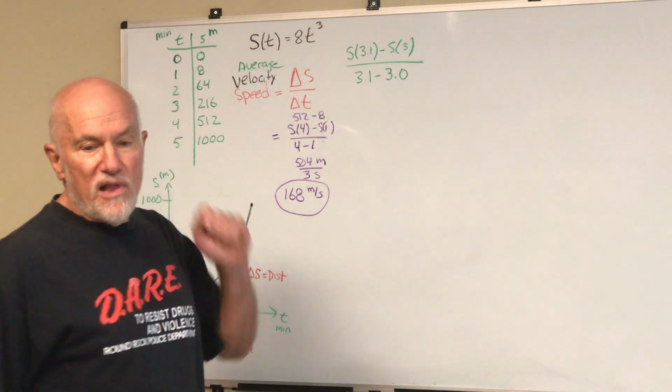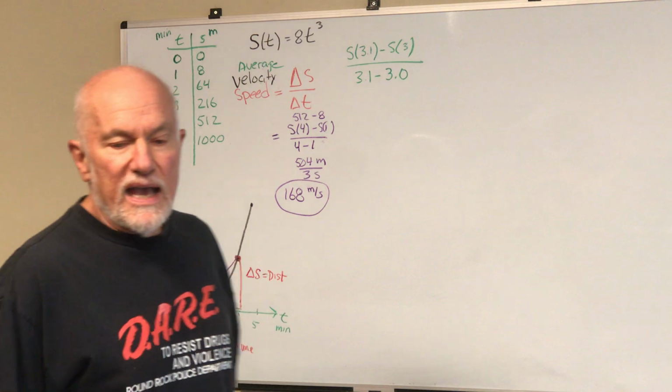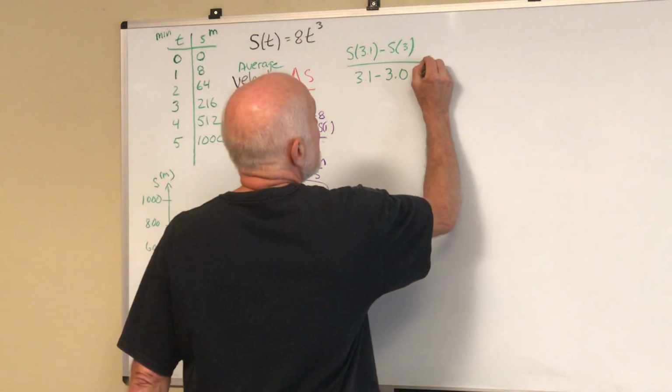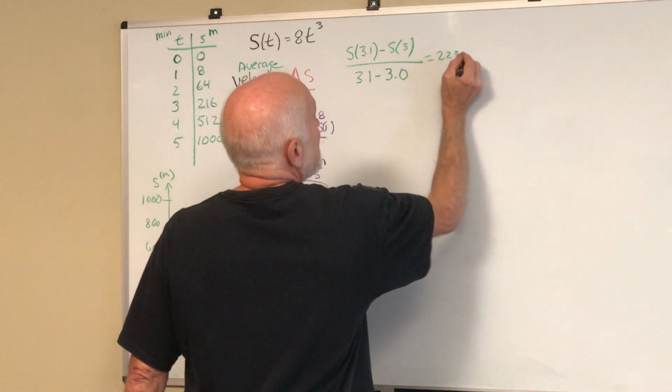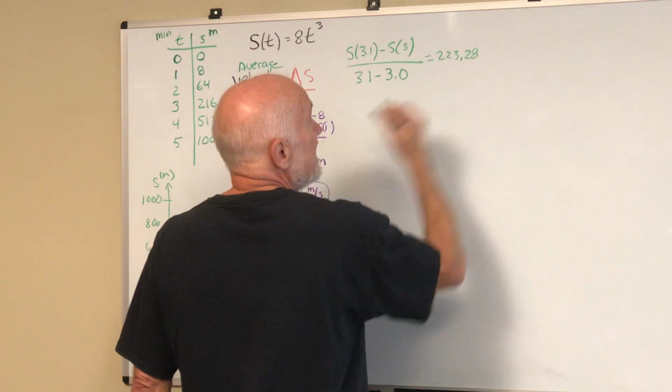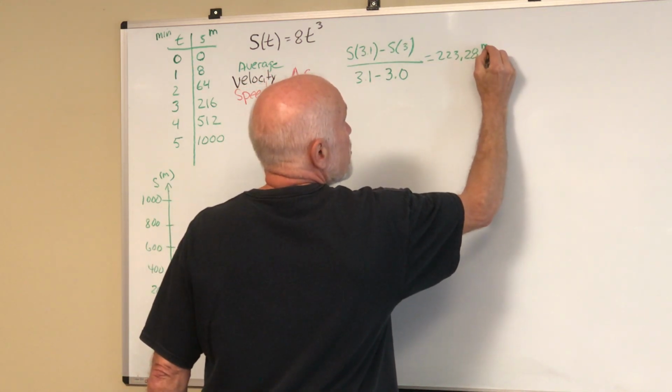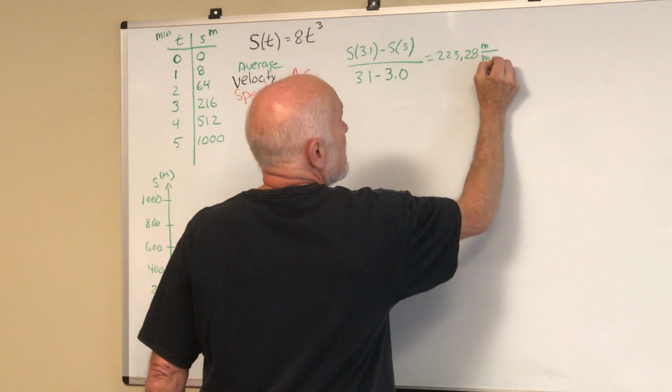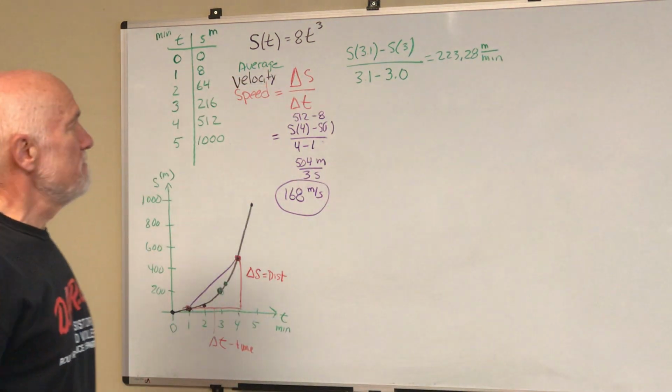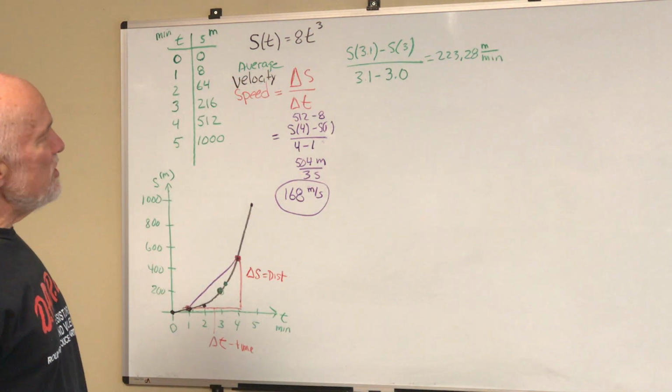Well, when I plugged that into the calculator, I got 223.28 approximately. So that's meters per minute. But she really wasn't happy.